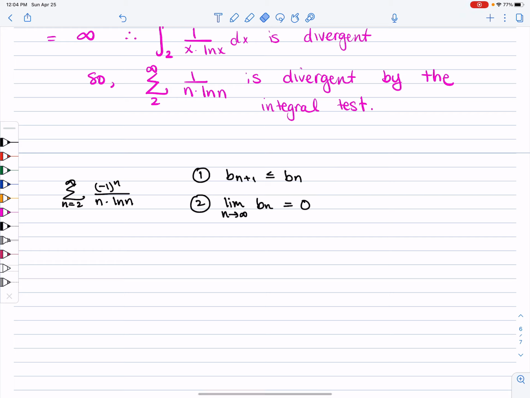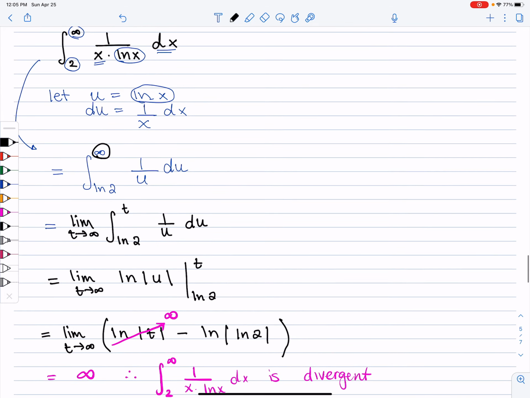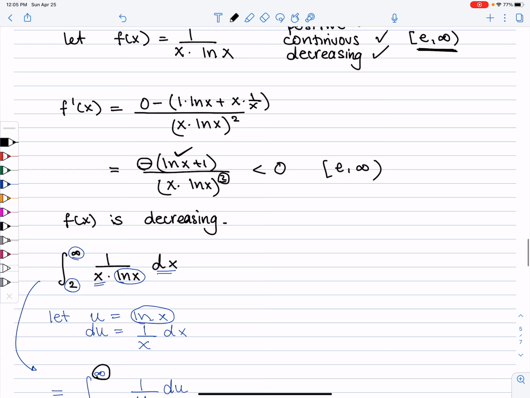We already did the work. We already established that our b sub n is decreasing. So that first condition is met. And remember, we established that it was going to be decreasing when we looked at the function and we did the first derivative test.